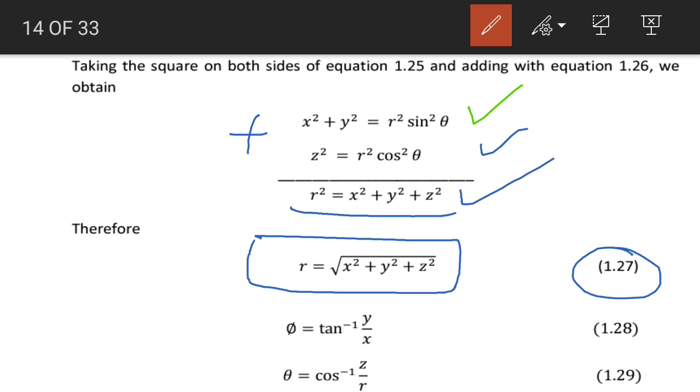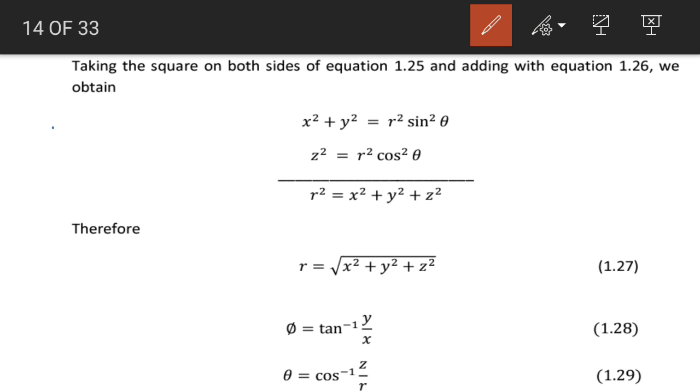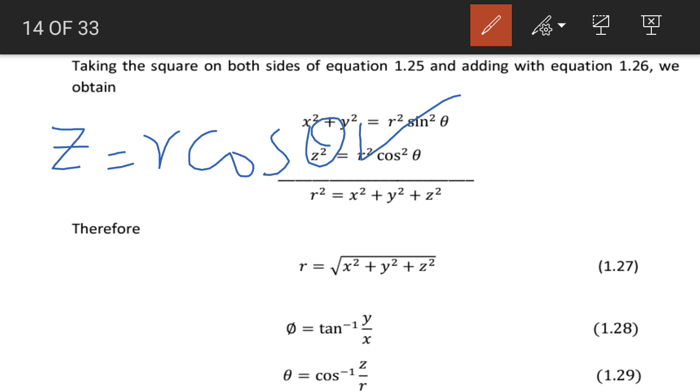We already know the equation for phi. So phi will be equal to tangent inverse y by x, and we know that z is equal to r cos theta. So we can calculate theta from this equation. Definitely theta will be equal to cos inverse z by r.